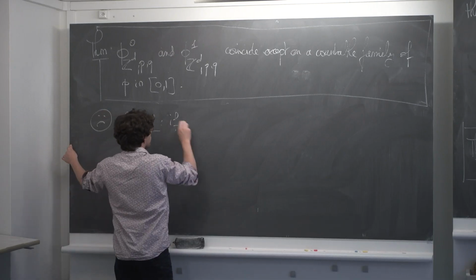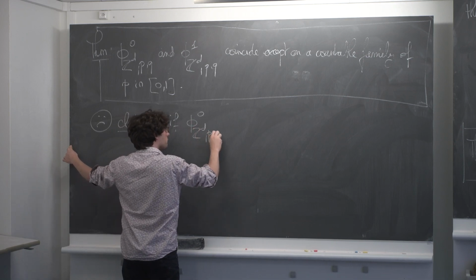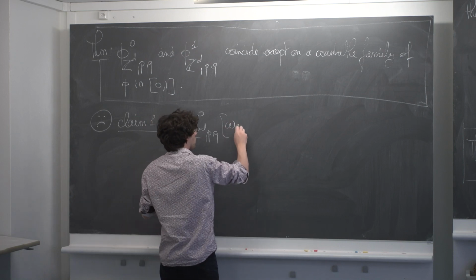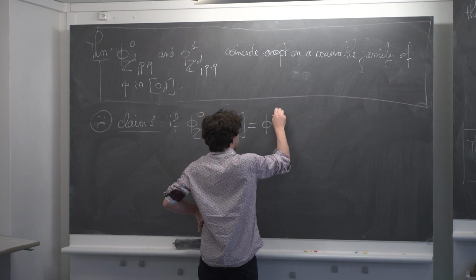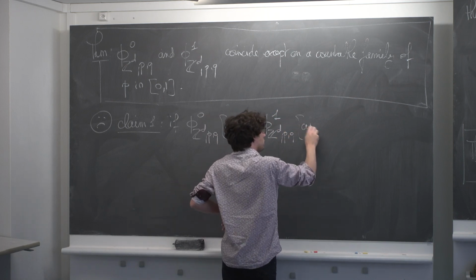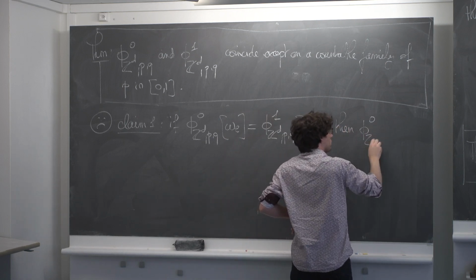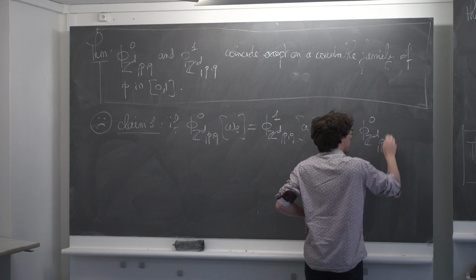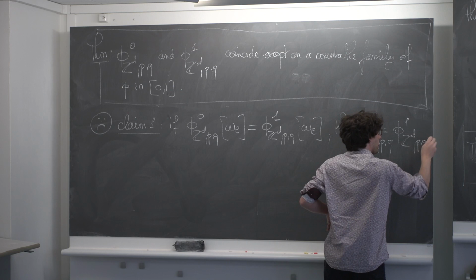If phi 0 ZdPQ of an edge is equal to phi 1 ZdPQ of an edge, then phi 0 ZdPQ is equal to phi 1 ZdPQ.